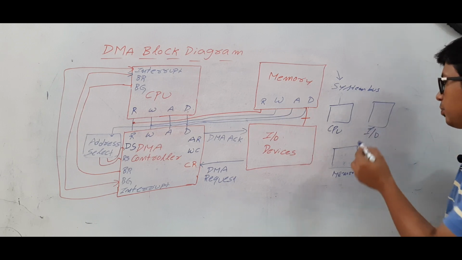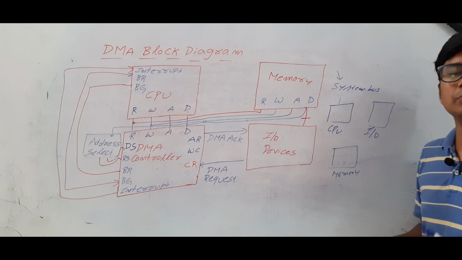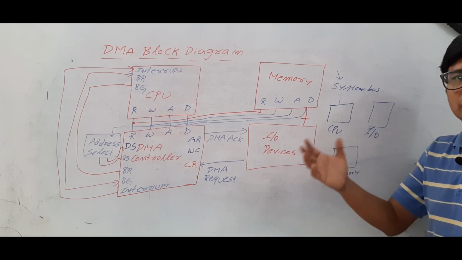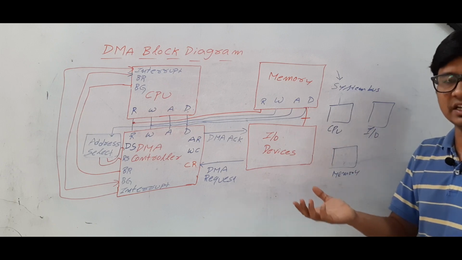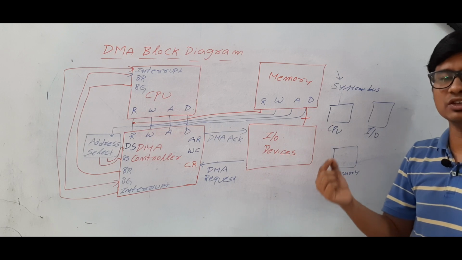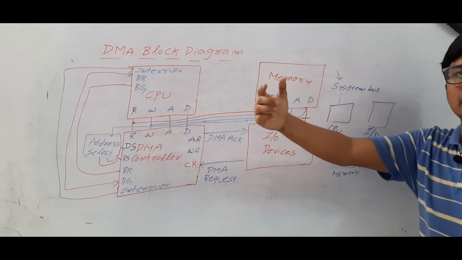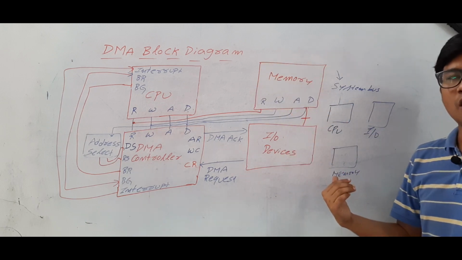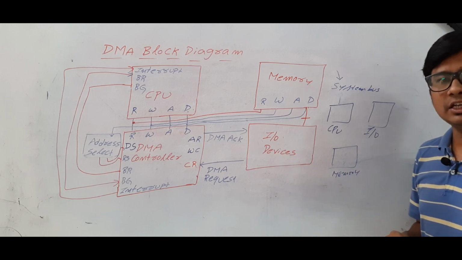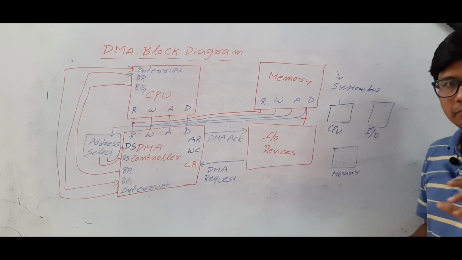In programmed I/O, the CPU is doing busy waiting. Whereas in interrupt driven I/O, it gives either a read or write signal. Whenever the status register flag is 1, we send an interrupt, then the CPU comes and executes the operations. So in both, the CPU is playing a major role.